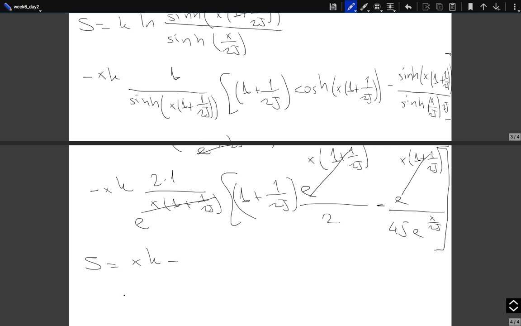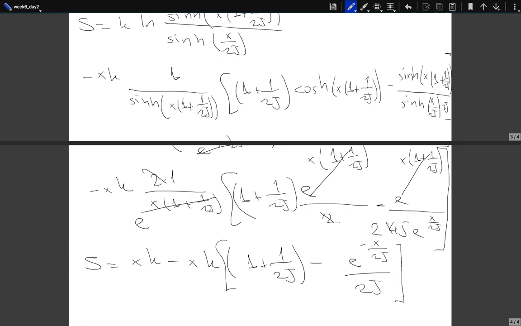Minus, and this 2 will cancel this 2, and here we will have 2. Minus xk times 1 plus 1 over 2j minus e to the power minus x over 2j divided by 2j.